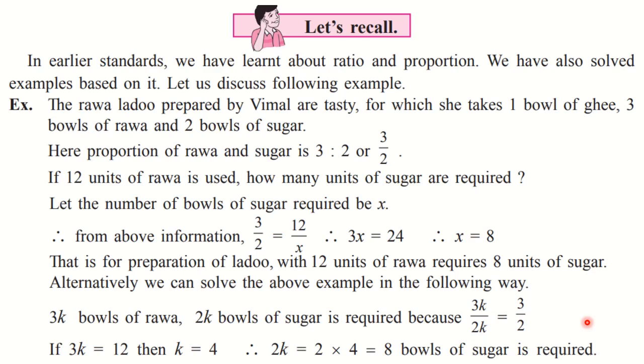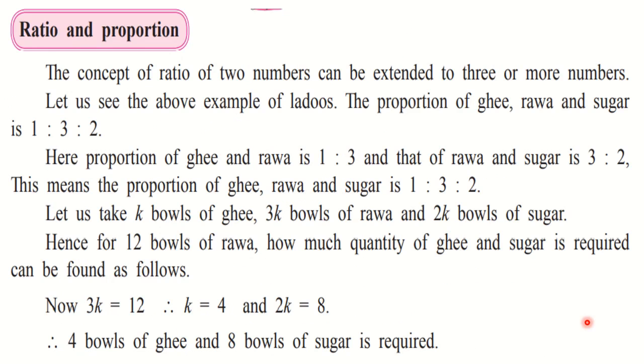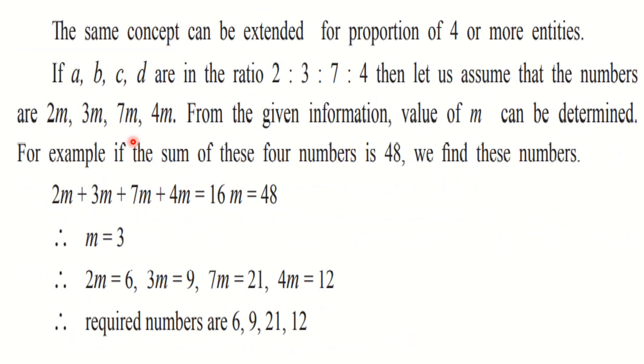Then the concept of ratio we can extend further for three numbers. You can see here there are three numbers which are represented in the form of ratio. And the same concept we can extend for four numbers also. In this way we can write n numbers in the form of ratio.